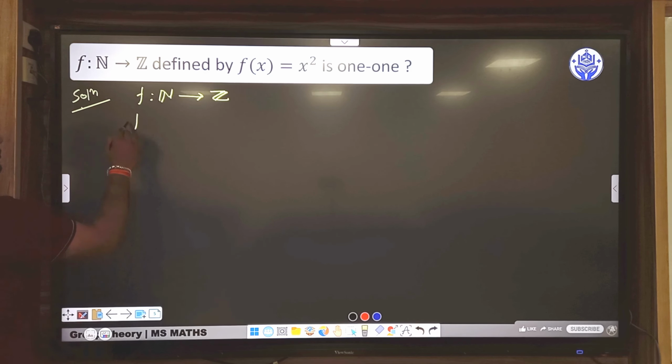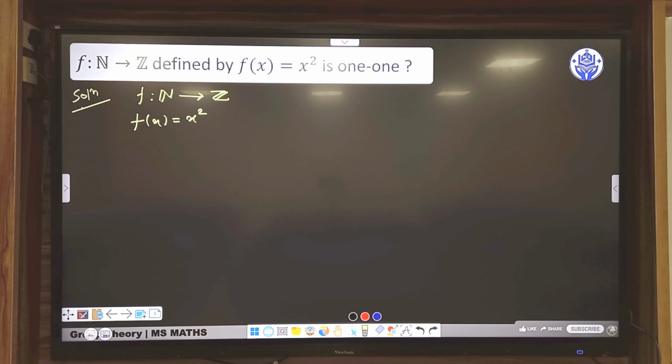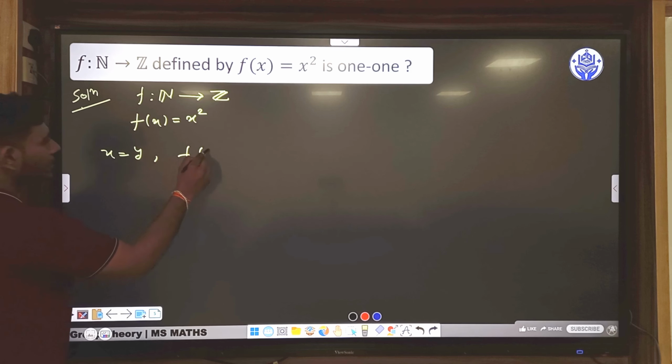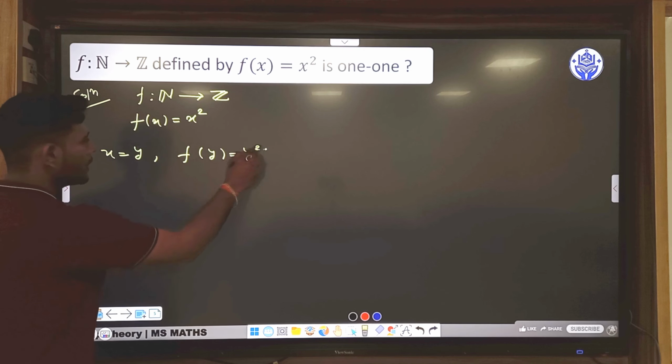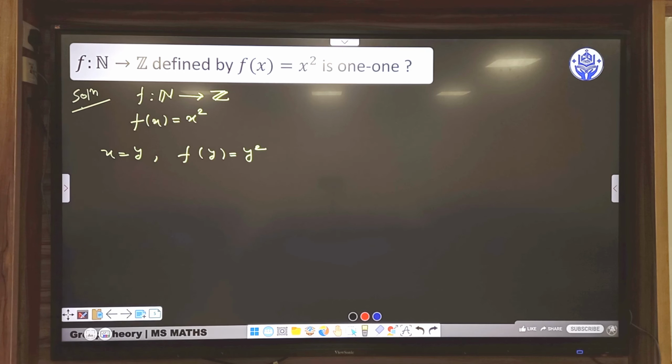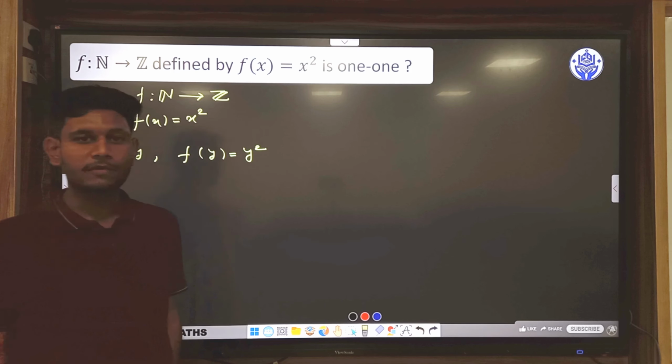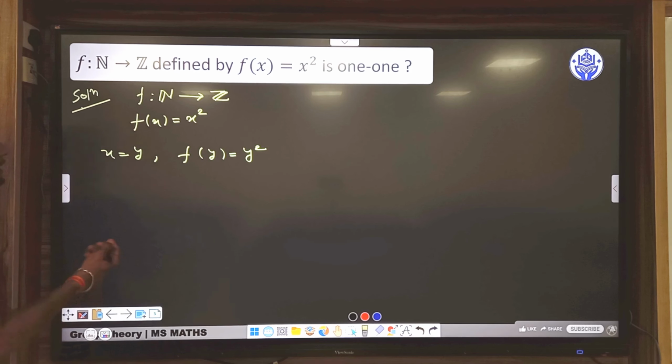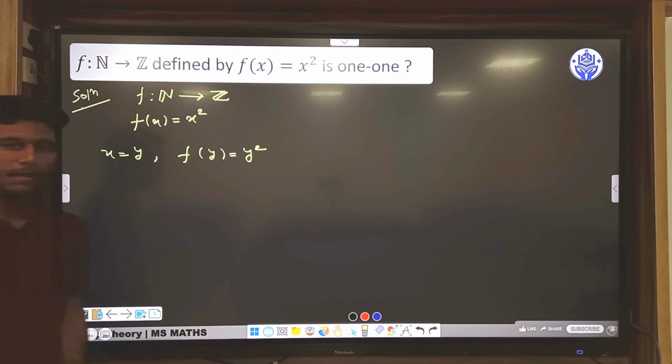Now my function f of x is x square. Is it 1-1 or not, that we will see here. First of all, if I put x equals y, then f of y is equal to y square. I can't take any negative number.